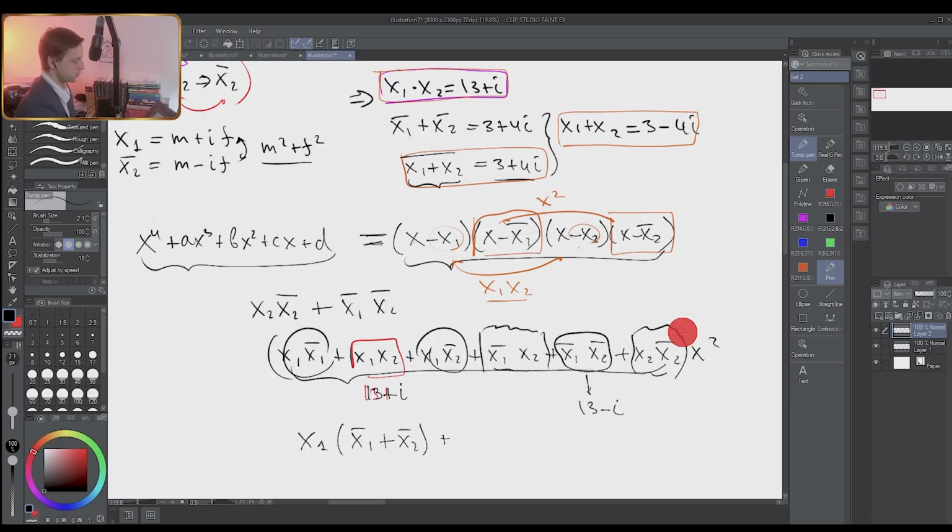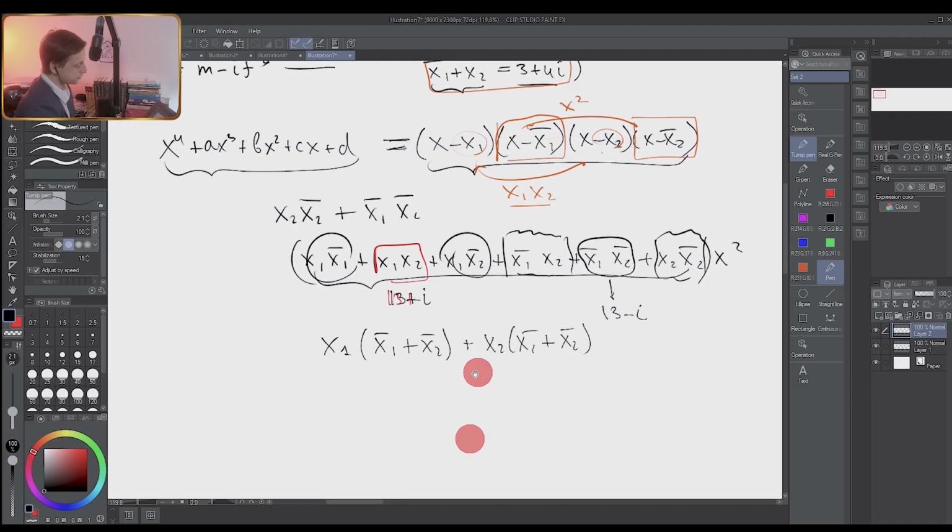So here we will have x2 times x1 conjugate plus x2 conjugate. And finally, this sum can be rewritten as x1 plus x2 times x1 conjugate plus x2 conjugate, which is simply x1 plus x2 times, x1 plus x2, all of that conjugate.